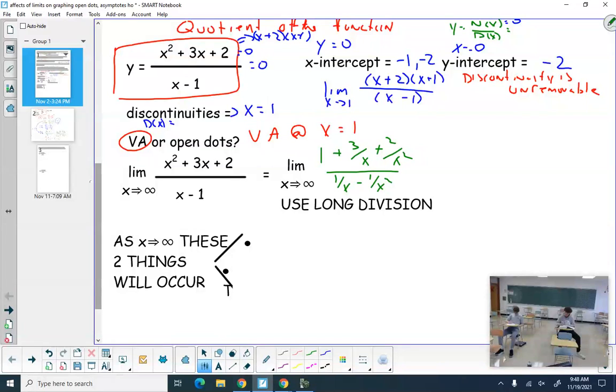What we're left with is 1 plus 0 plus 0 over 0 minus 0. We're left with 1 over 0, so we do not get a value. But we can still find an oblique asymptote. If I get a constant over 0 when I do my infinite limit, I will get an oblique asymptote.